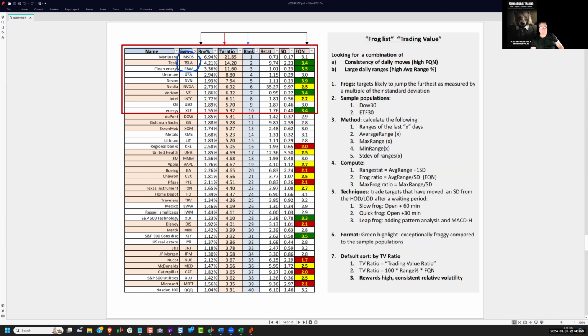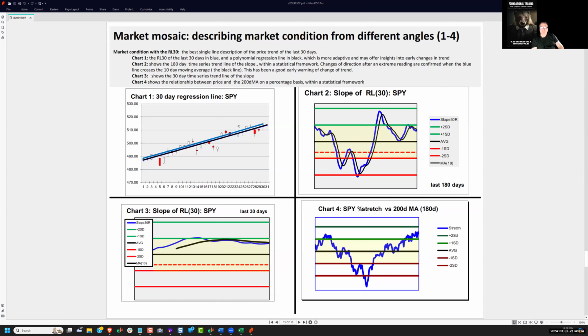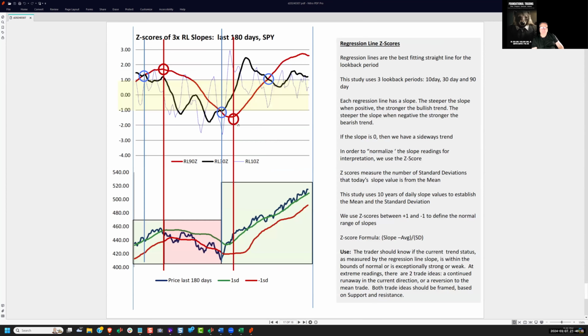Marijuana, Tesla, clean energy, Devon and NVIDIA, Intel. Yep, all-time high, grinding higher.